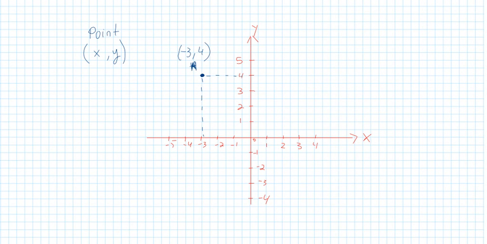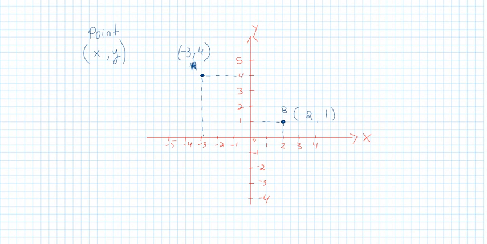Okay. Now, how about this point here? Let's call it point B. What's the x value? 2, 1, right? So 2, 1.